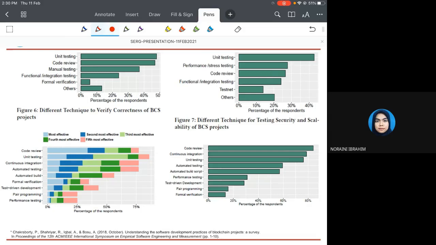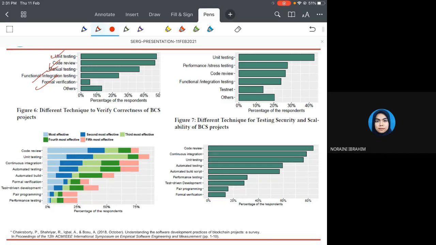If we look here, most of the developers are focusing on testing: unit testing, code review, manual testing, and everything is about testing. From here we can see that in blockchain oriented software engineering, if you want to start, maybe you can start at the software testing level.